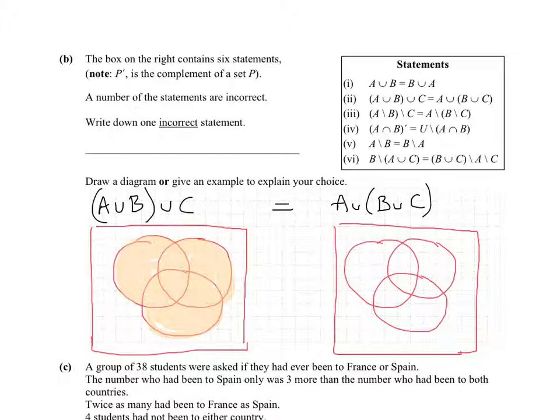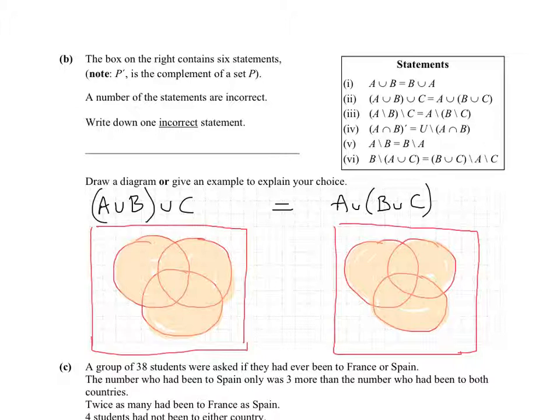On the right hand side, we have B union C. So let's have a look at B union C. B union C is the section here, and we want to union A onto that. And you can see again these two areas are equal to each other.